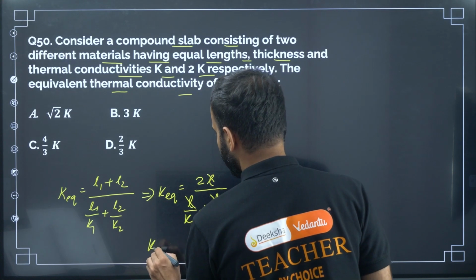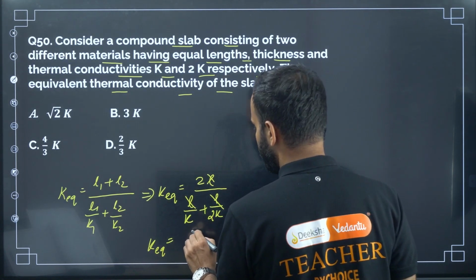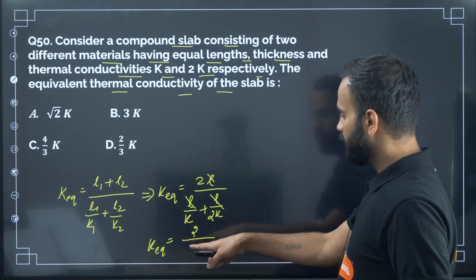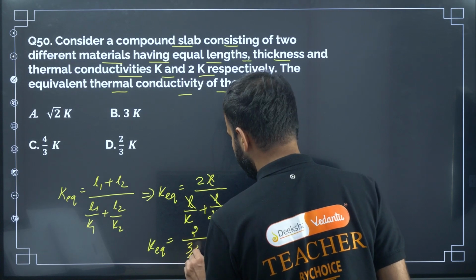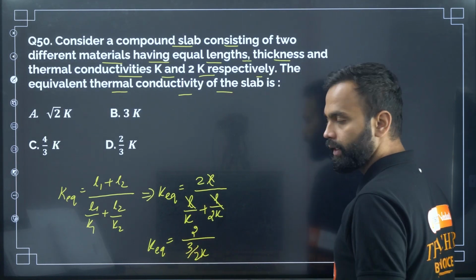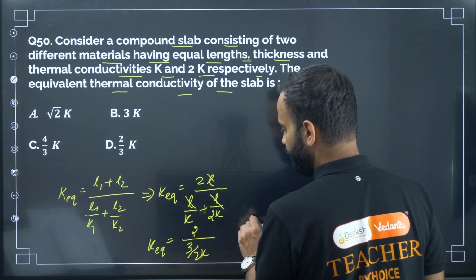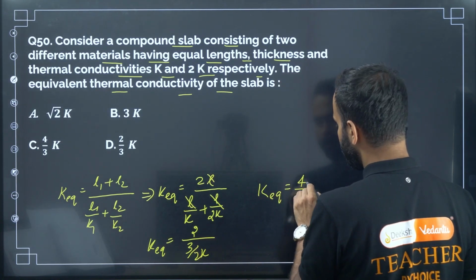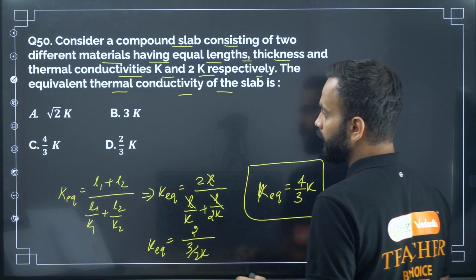So K equivalent is equal to 2 divided by, so take 1 by K as common, then 1 plus 1 by 2 is 3 by 2K. So then here K equivalent is equal to 4 divided by 3K. This is the K equivalent. So the correct option is C.